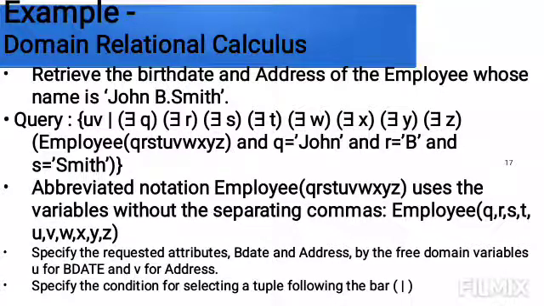But in domain relational calculus, we have a named relation with domain variables. There exists Q, there exists R, the domain variables. This way we write the queries of domain relational calculus.